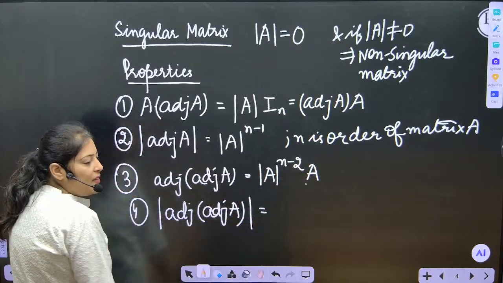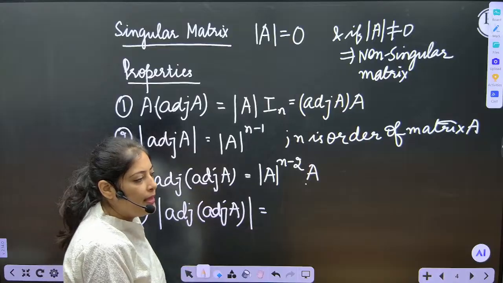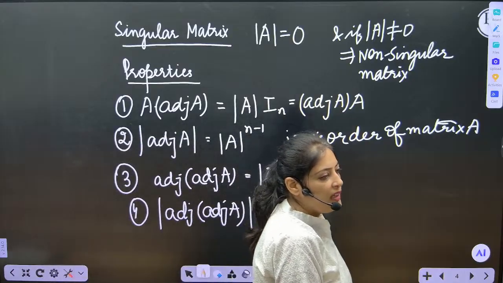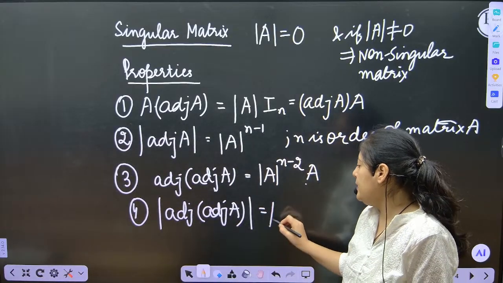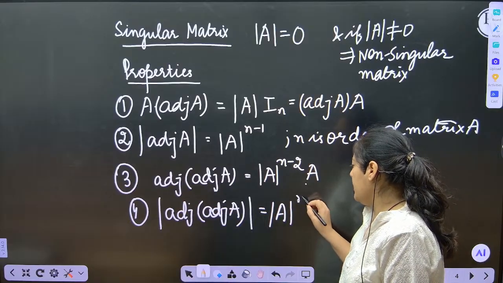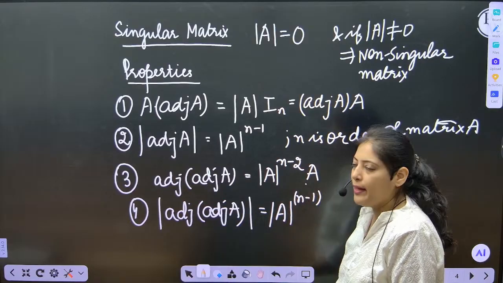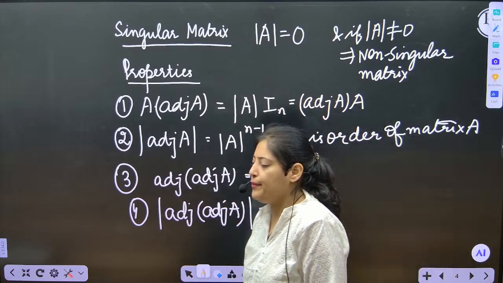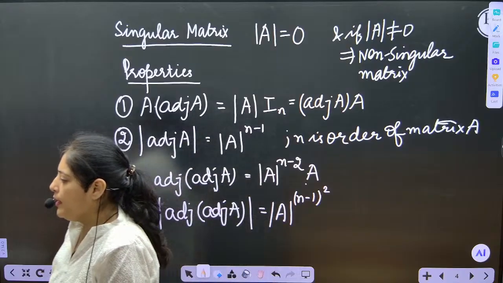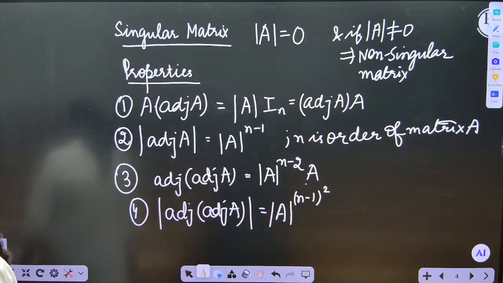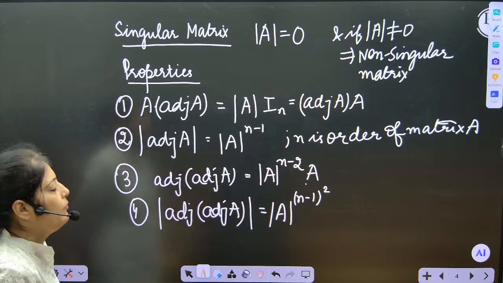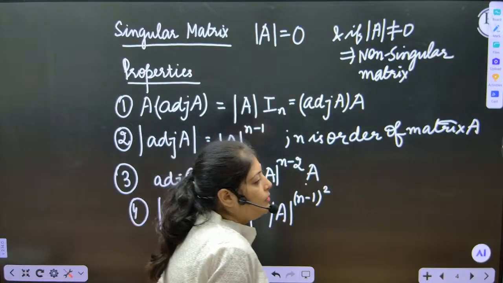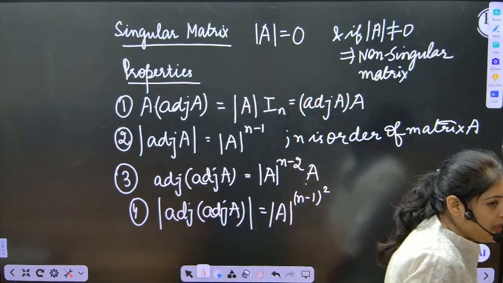Now of a matrix we can find its determinant. When you find the determinant, it will come out to be determinant of A whole to the power n minus 1, whole squared. Note it.